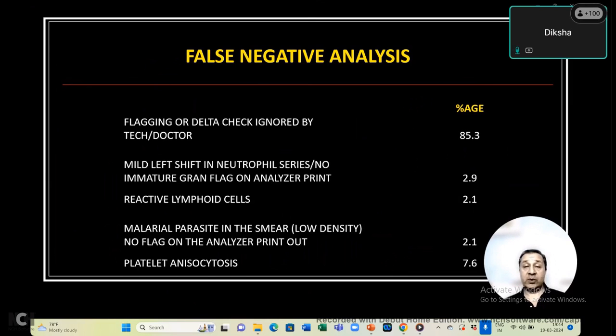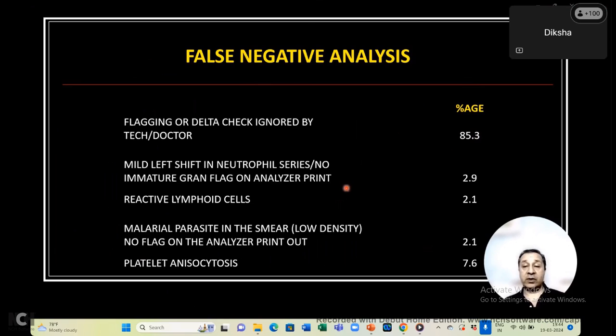So what was the reason for false negatives? We analyzed the data and realized that in the majority of our cases, the flagging criteria or the delta check was primarily ignored, either by the technical staff or by the doctors.